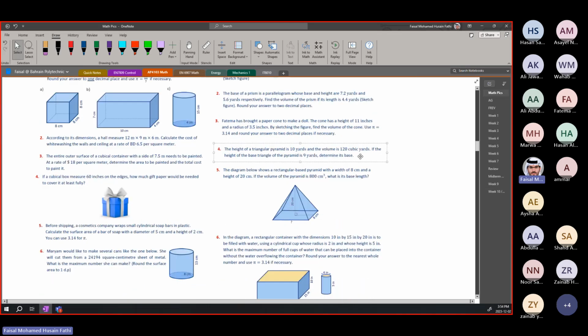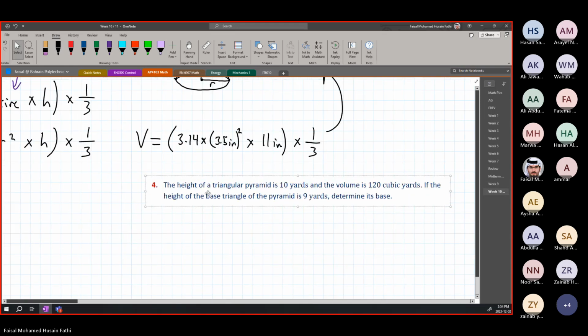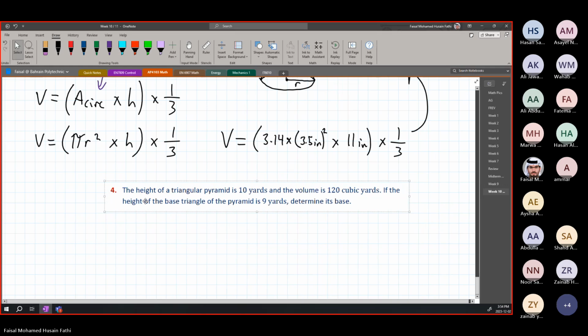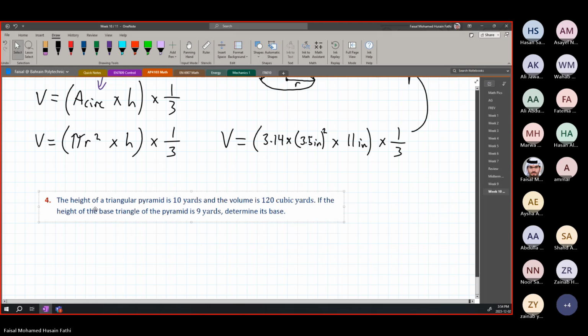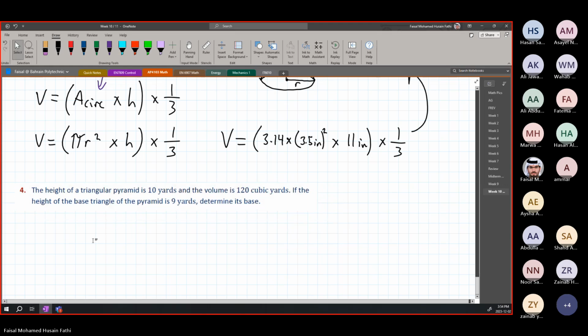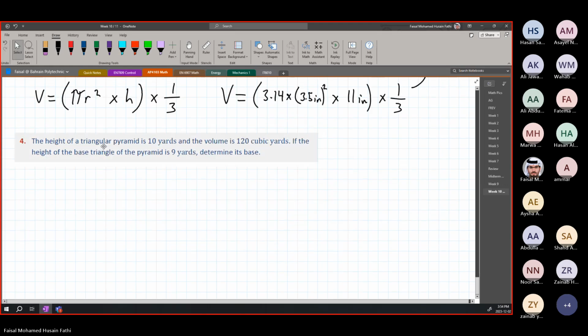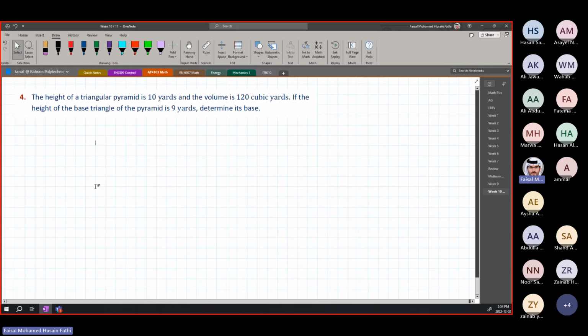The height of a triangular pyramid and volume. If the base of the pyramid is determined. Okay, so this is another volume question. انزين. The height of a triangular pyramid. I stop right here.